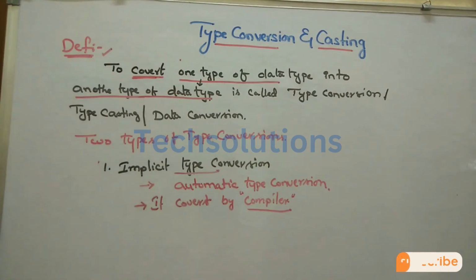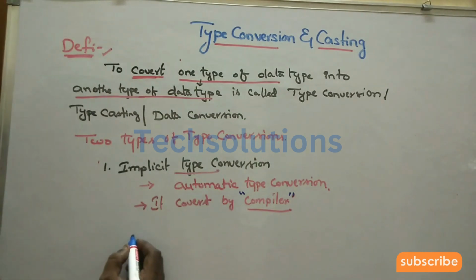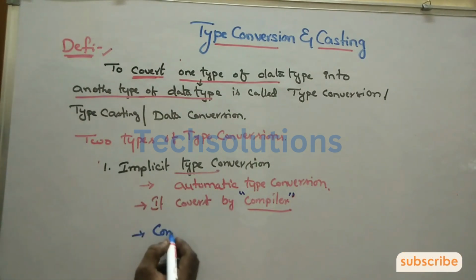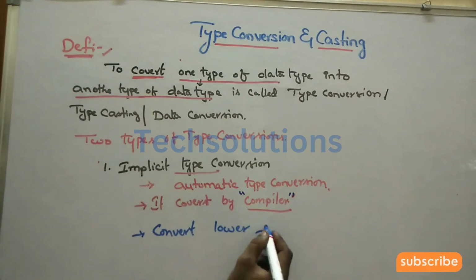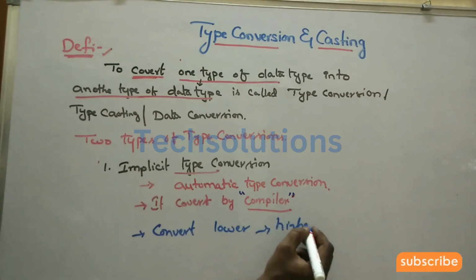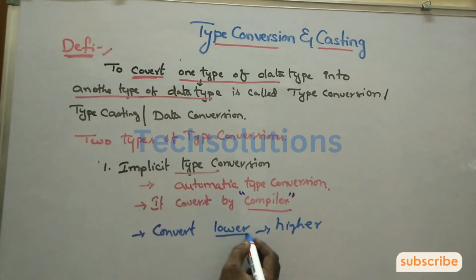Right? By the compiler itself, it will convert from one data type into another data type. And one more thing, here we always convert the lower type into higher types only. That means the automatic conversion is always performed from lower type values into higher type values.